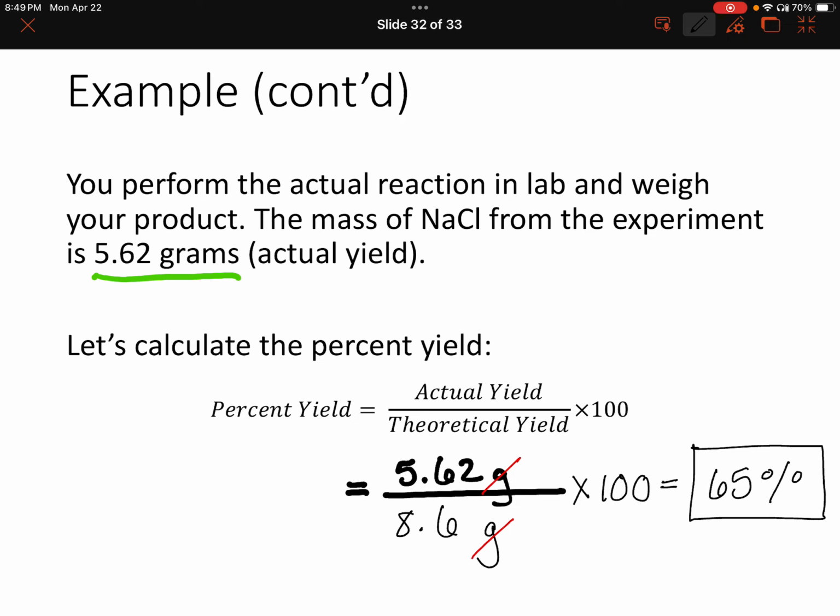Because again, a lot of reactions don't go all the way to 100% yield. This could just be due to various factors, just imperfections in the experiment, or maybe there wasn't enough heat or enough time to complete the reaction.